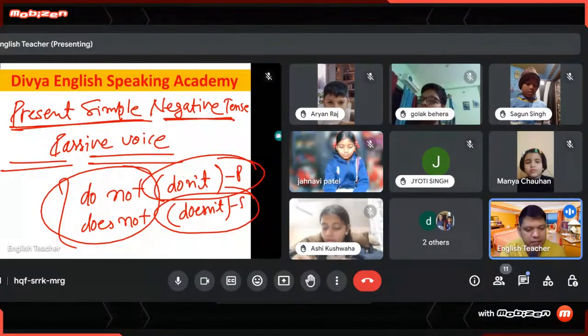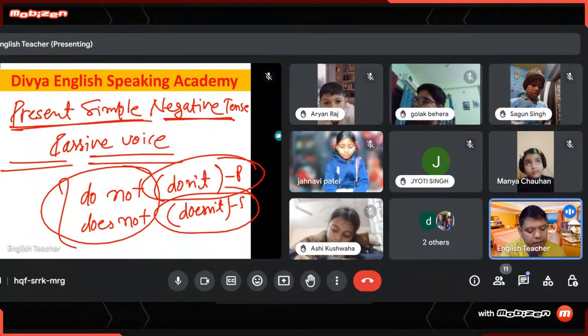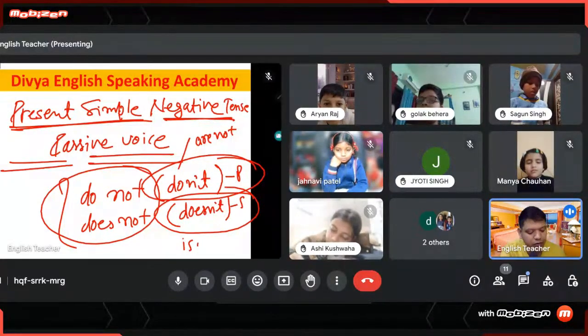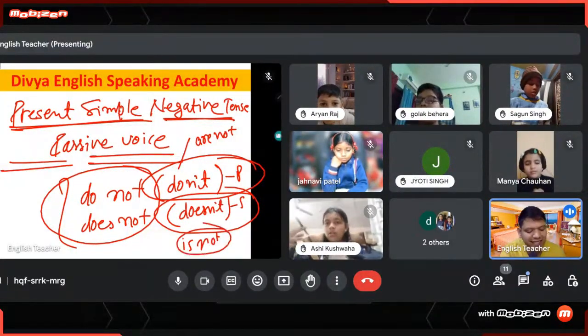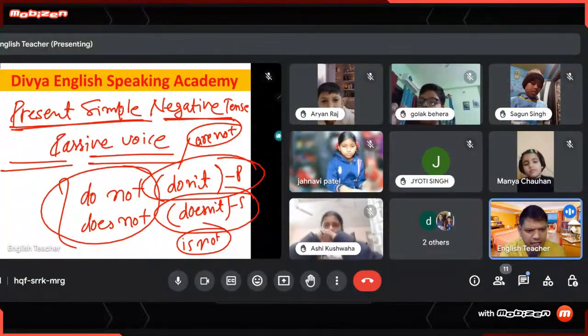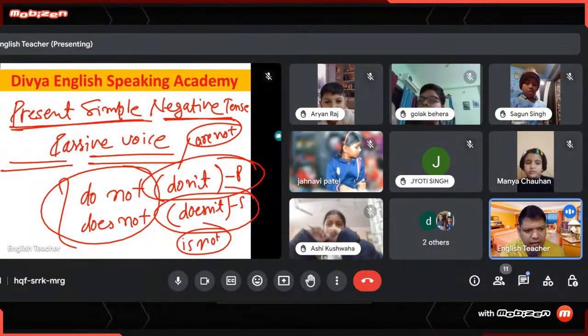To make the passive voice of present indefinite tense, where we use do not, we will use are not. Where we use does not, we will use is not, which is known as isn't, aren't in short form. That's it. Rest of the things will remain same.